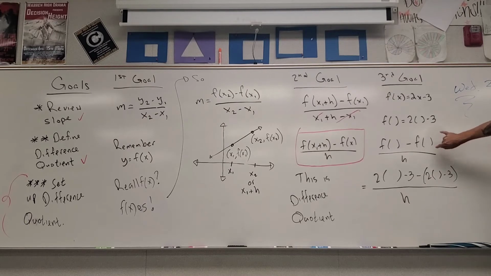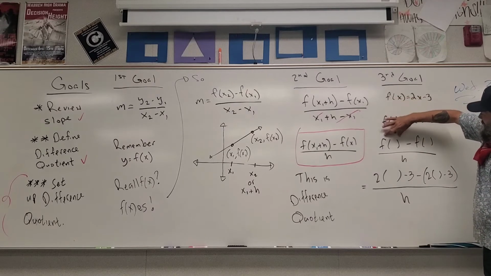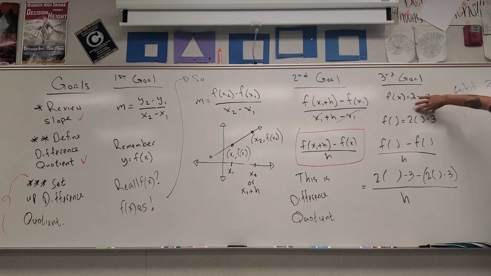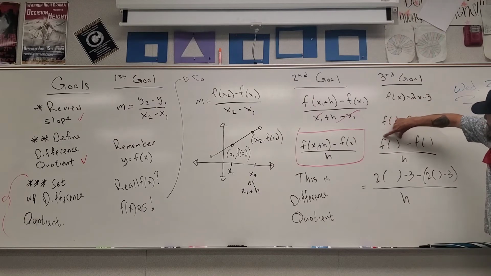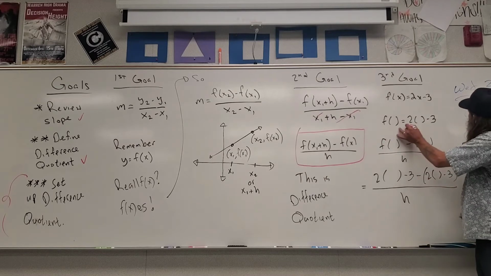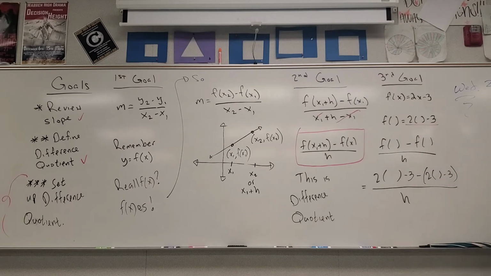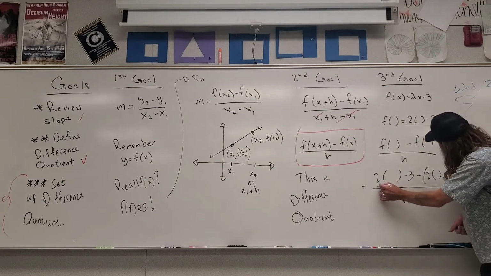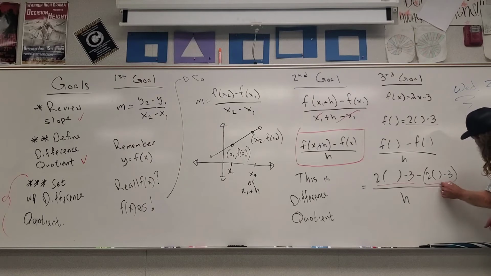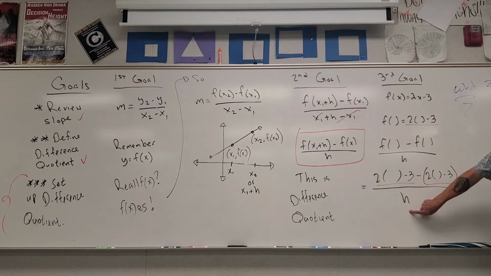We're taking this and we're going to replace it with this. So instead of f of empty parentheses, I'm going to say 2 with empty parentheses minus 3, and I'm going to subtract from it again 2 empty parentheses minus 3, and this is over h.